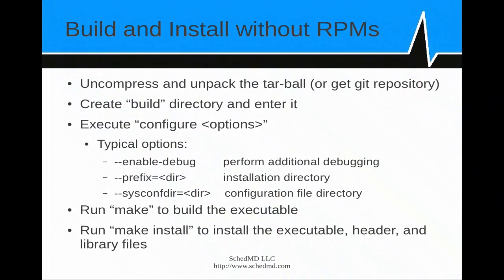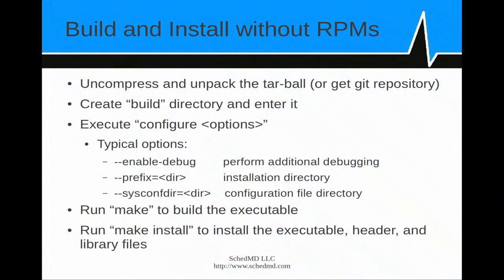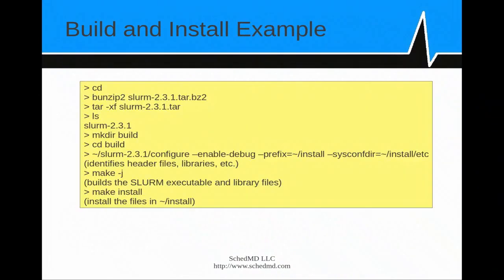The options that are most typically used would be --prefix, which will tell you where to install the files, and --sysconfdir, which is where the system configuration goes. --enable-debug is something I use pretty regularly. That turns on some additional debugging while Slurm's running, so you can make sure everything's running properly. Then you would execute make to build the executable, and make install to actually install the files.